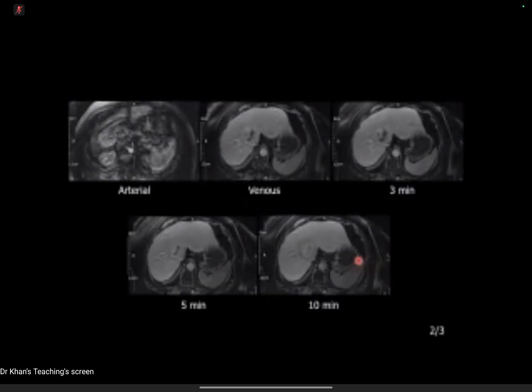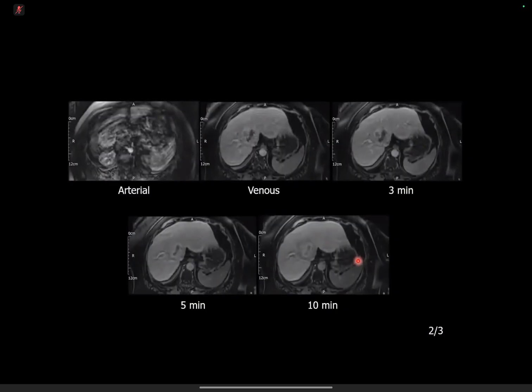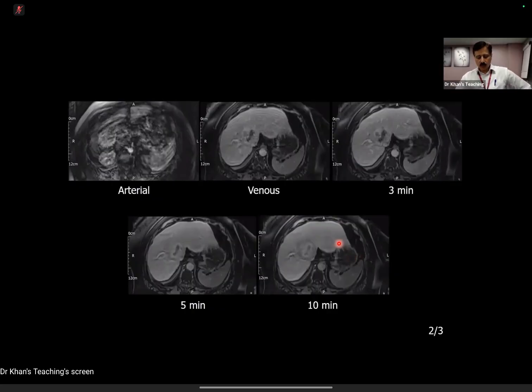So on venous phase, there is some peripheral nodular enhancement, which at 3 minutes, 5 minutes, and 10 minutes, there is gradual centripetal enhancement pattern of the lesion. Which is peripheral nodular. Okay, so what is your conclusion?